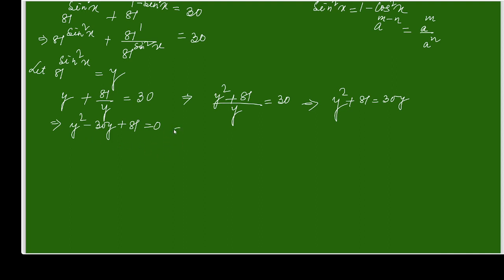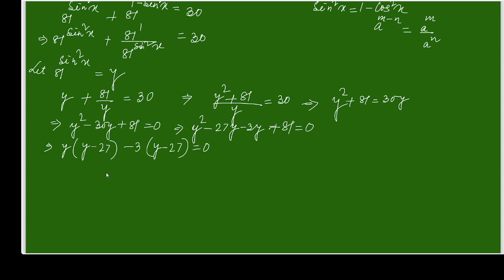I am simplifying by splitting the middle term. 30y I'll split as 27y plus 3y. This makes y square minus 27y minus 3y plus 81 is equal to 0, and 27 multiplied by 3 makes 81. Now taking y common, I'll get y minus 27, and minus 3 common, again I'll get y minus 27.